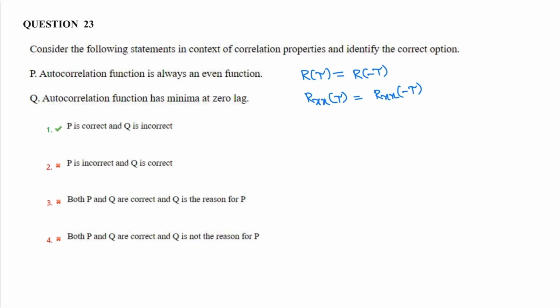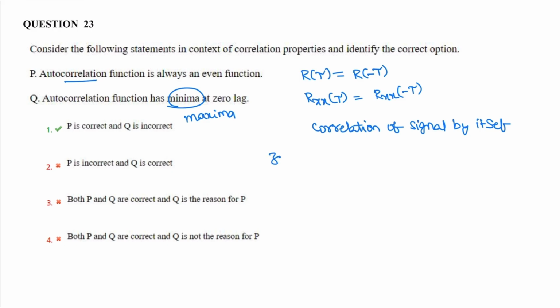Autocorrelation means correlation of a signal with itself. That is called autocorrelation. Next, autocorrelation function is minima at zero lag. This statement is wrong. Autocorrelation function is maxima at zero lag.